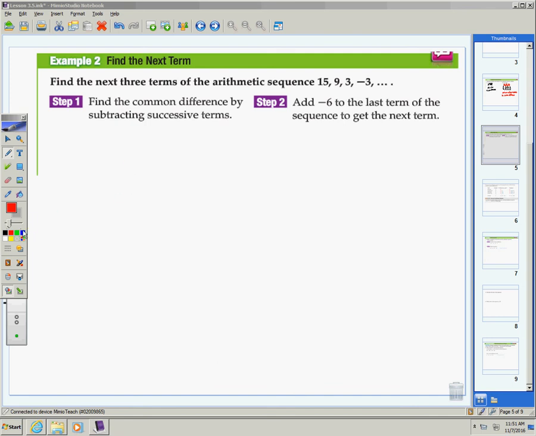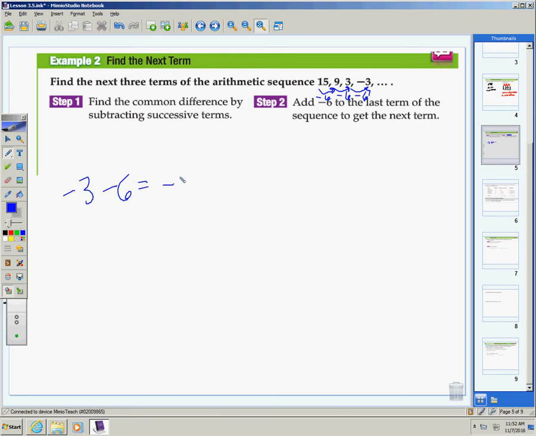the next terms for arithmetic sequences, and this is actually really easy because as soon as you know the common difference, so for example here we're subtracting 6 every time, then I just start with my first term, subtract 6. Here's my next term, negative 9. Subtract 6 from that one, there's my next term, negative 15.